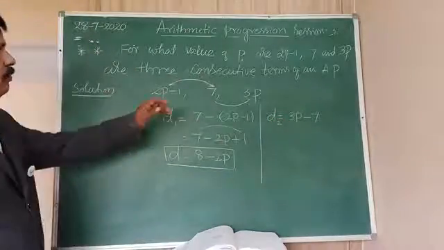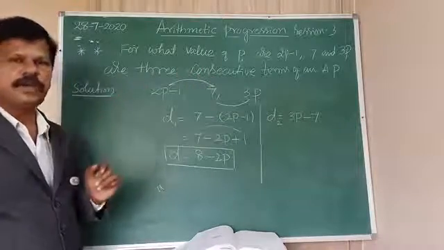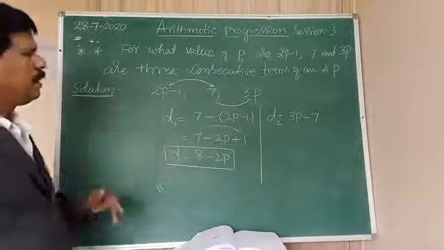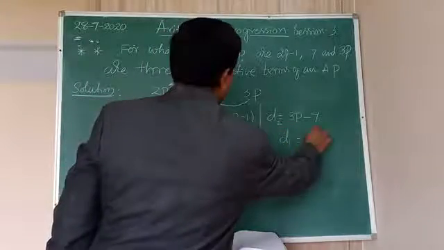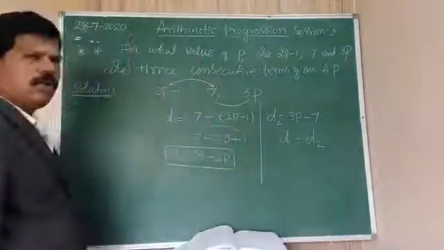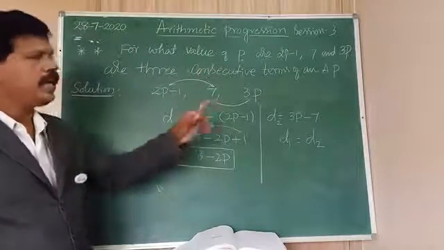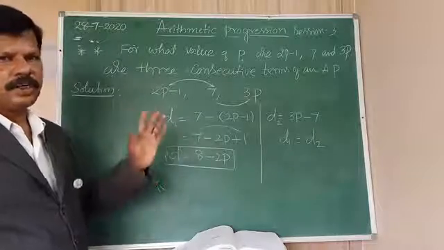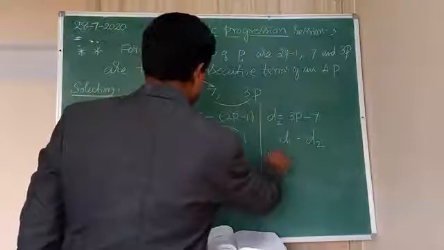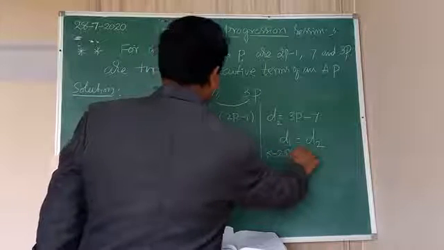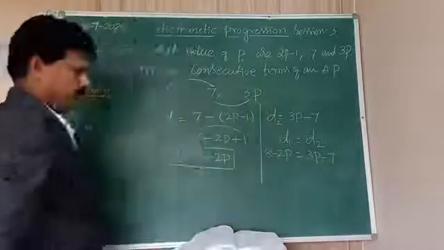So if these terms are consecutive terms of the AP, then the condition is what? d1 is equal to d2. Then only the given terms are the consecutive terms of the AP. Therefore, d1 is 8 minus 2p and d2 is 3p minus 7.